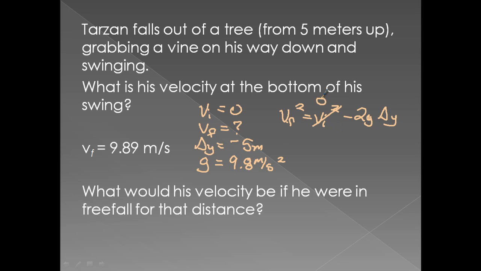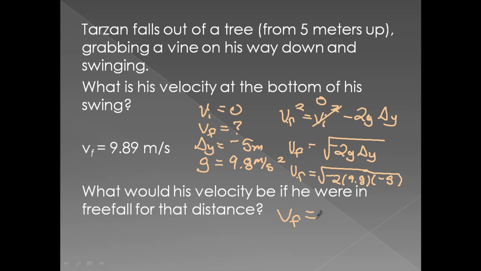This guy is 0, so we're just left with the final velocity equals the square root of -2g delta y. So the final velocity, same thing, -2 times 9.8 times -5. So it's exactly the same as we had if he was swinging. So he has a final velocity of 9.89 meters per second.